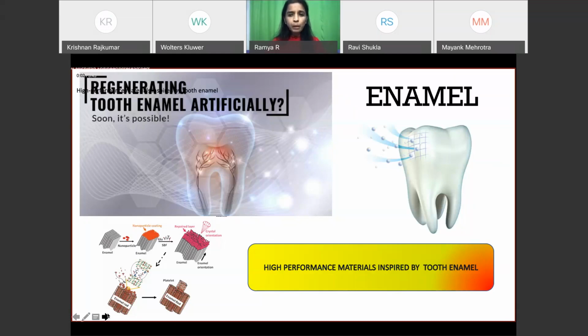Every paper which tries to bring biomimetic enamel is a very big challenge by itself, and you would see that they have achieved almost just 50%. And these topics are there in the additional reading part in your textbook.